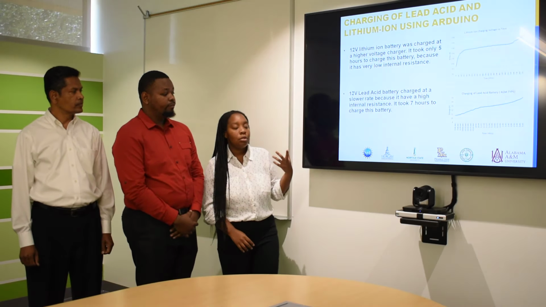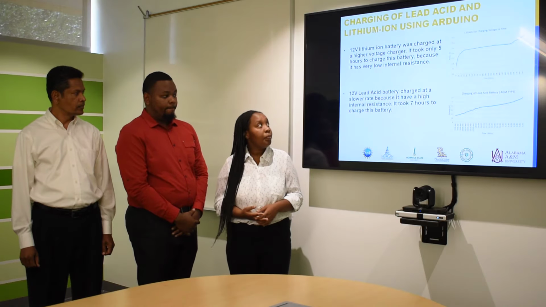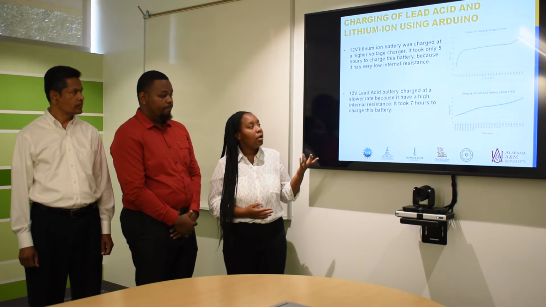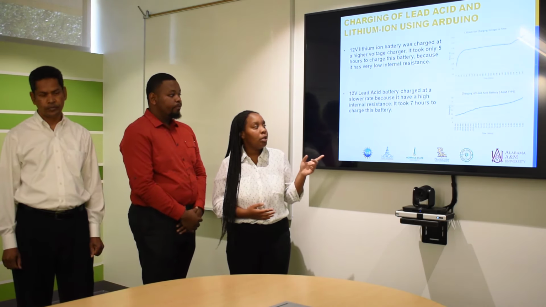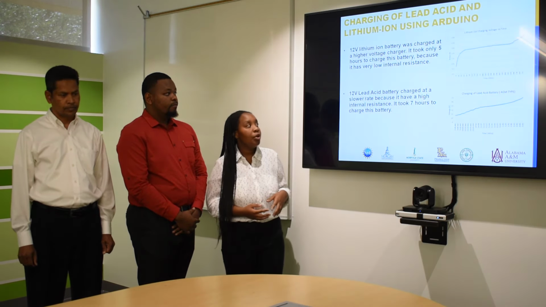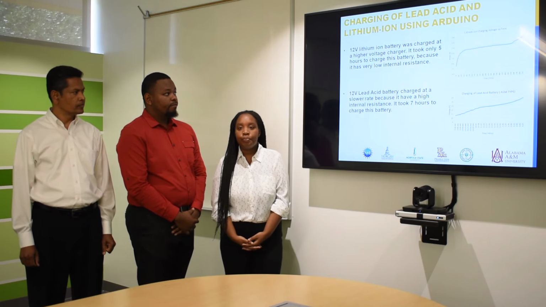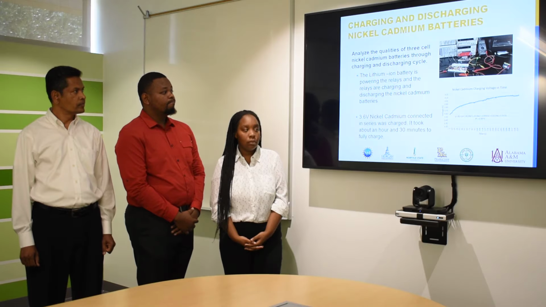Here we decided to use the Arduino to charge both the lithium-ion as well as the lead acid battery. As you can see, the lead acid battery charged slower than the lithium-ion battery because it has a higher internal resistance. Therefore, it took 7 hours as opposed to 5 for the lithium-ion.